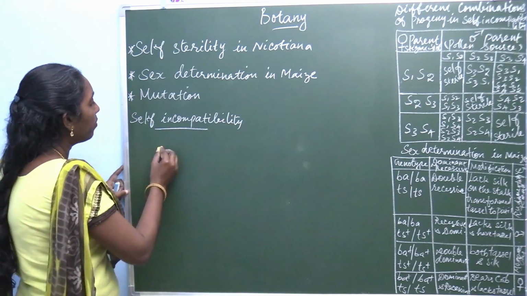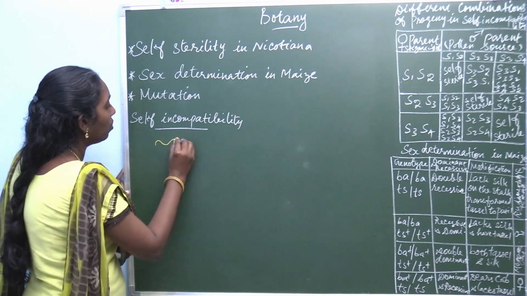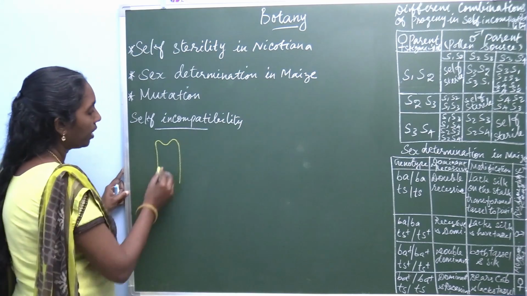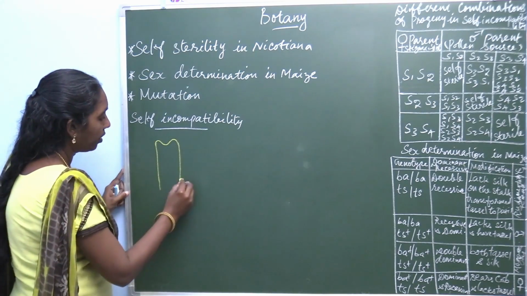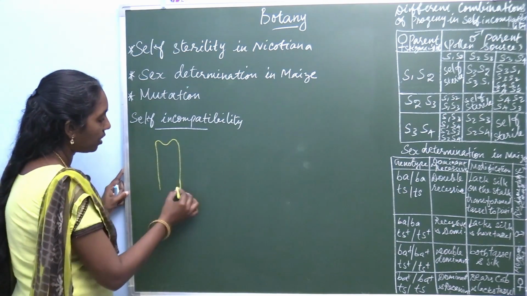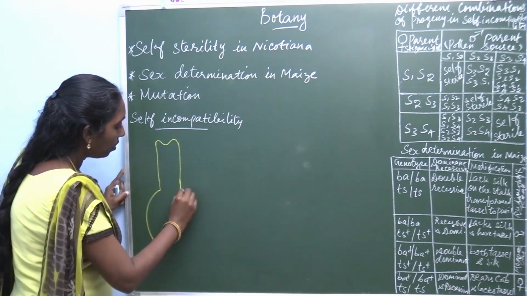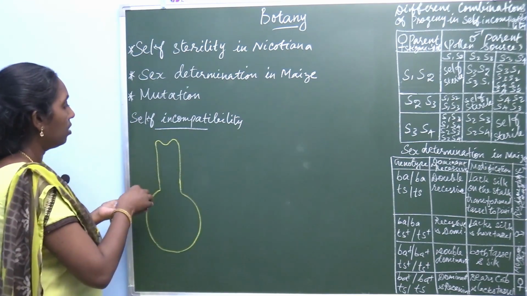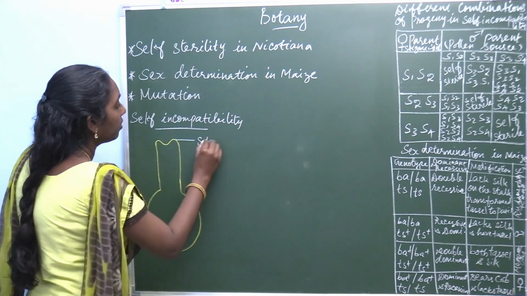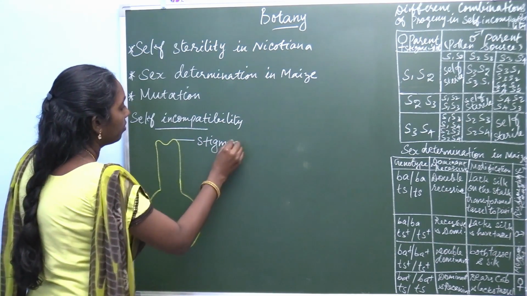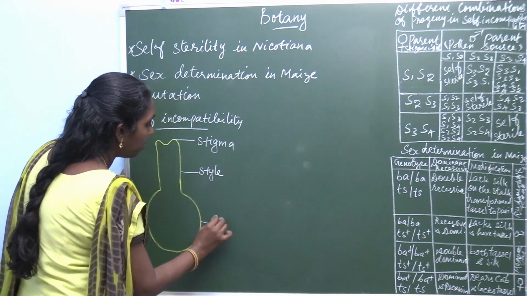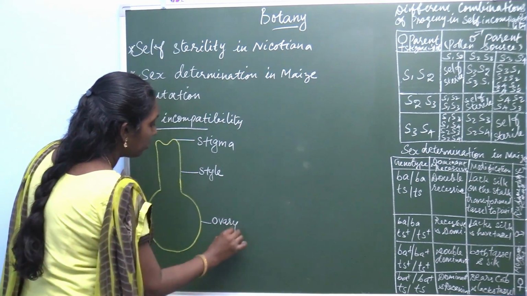See this stigmatic surface here. Normally in the plants, this is the stigmatic region: stigma, style, and the ovary. This is the stigma, this is style and ovary.